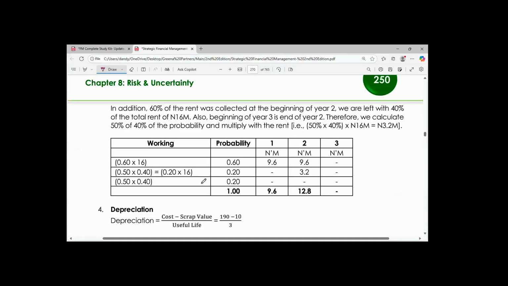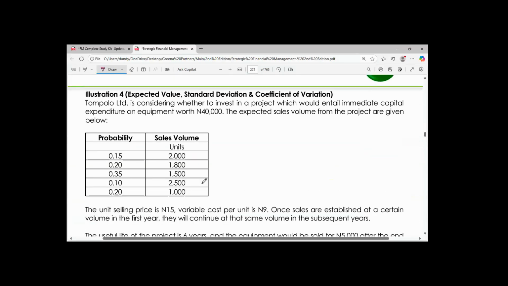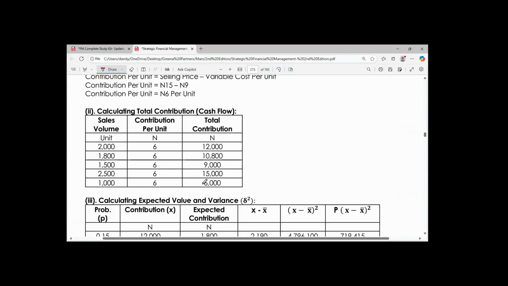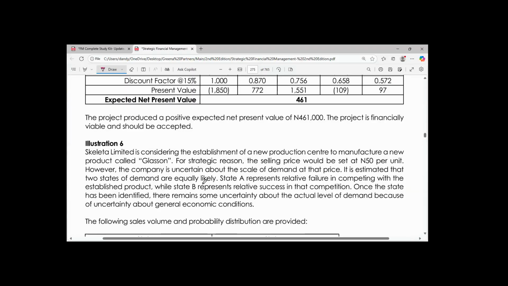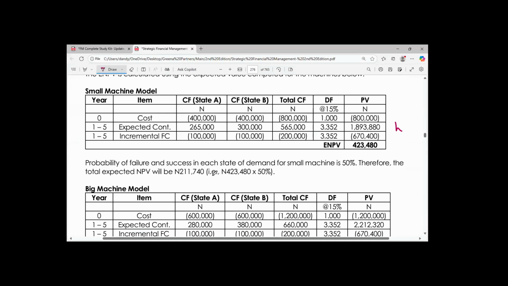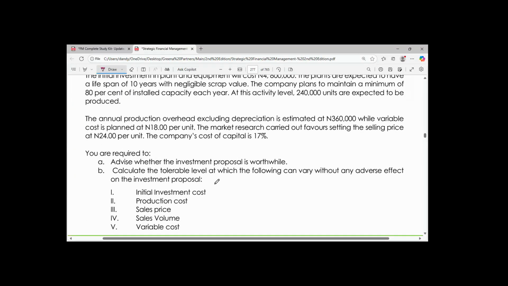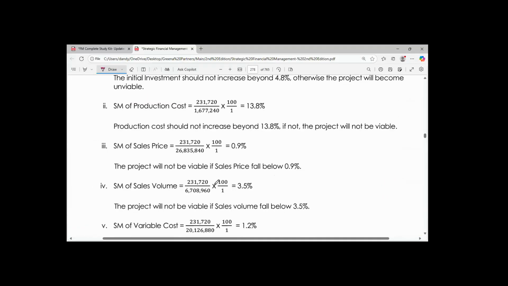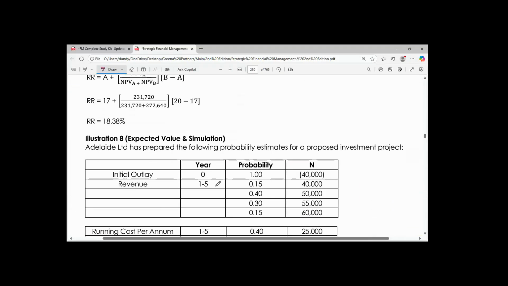Sorry, let me just search for the... Let me search if I can get one more illustration on this, under simulation. So this thing will disappear again. Let me connect it. So that's... where are you? Where are you? Okay.